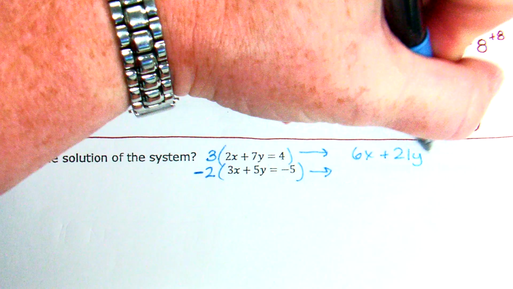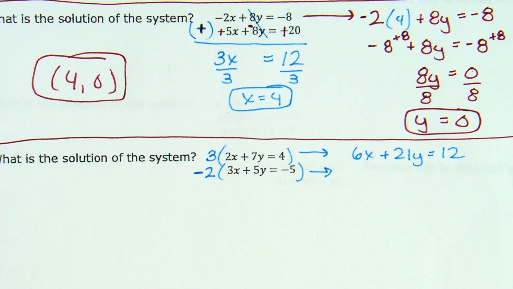I like it. Everything multiplied by 3. The bottom equation, we're going to multiply by negative 2. That's what I'm choosing to do at least. When I multiply that bottom equation by negative 2, now what? Negative 6x minus 10y equals positive 10.